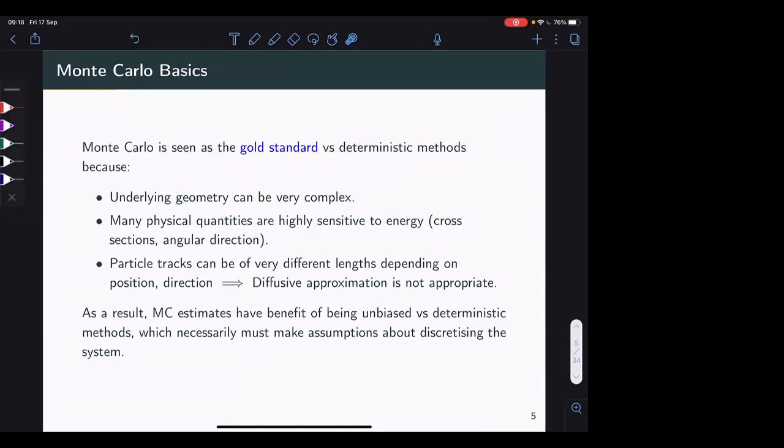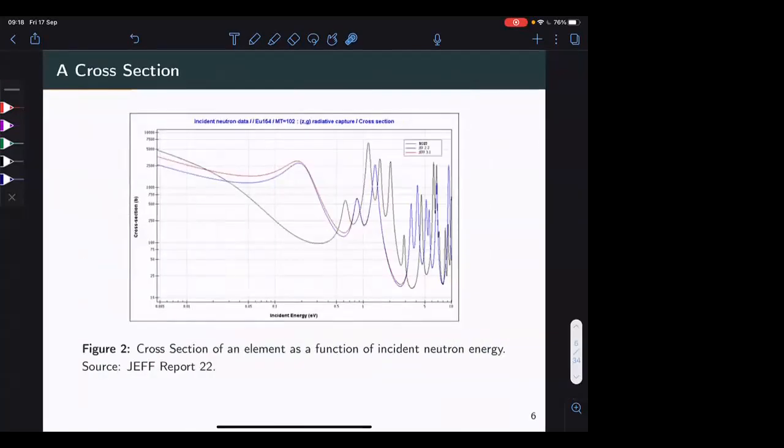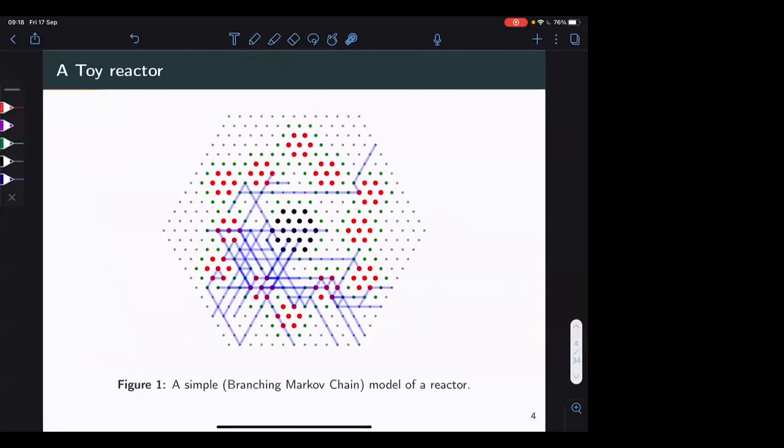Partly because we have this very complex underlying geometry. If you're trying to set up a deterministic solver, you need to understand what the geometry looks like. By geometry, I just mean the physical makeup, right? What this background looks like.